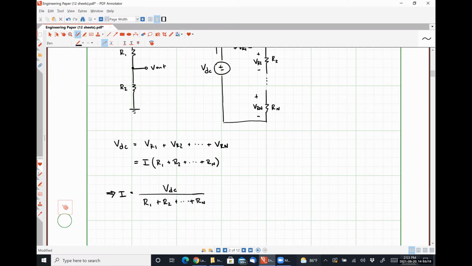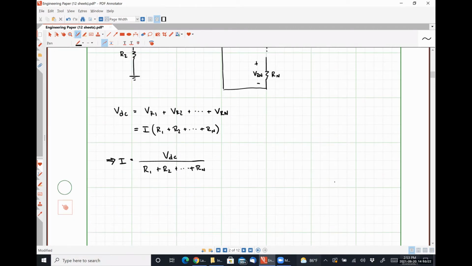What's going to be slightly different now is if I want to find that voltage drop VR1, I can make a simple substitution here and figure it out, right? VR1 by definition should be I times the resistor value R1.